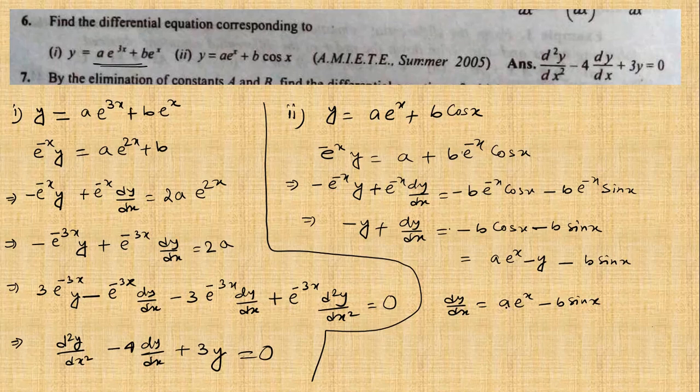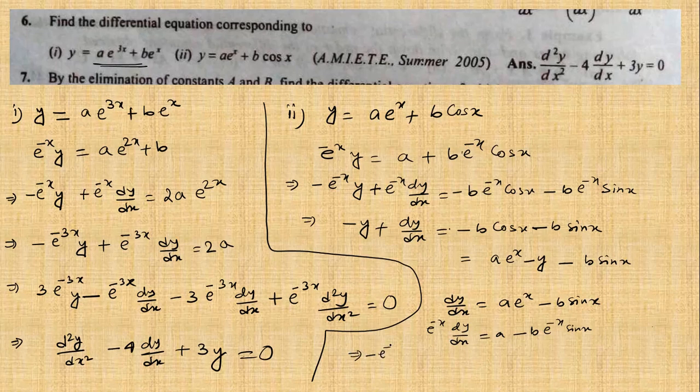So if you multiply by e to the power minus x, you will get e to the power minus x dy dx equals a minus b e to the power minus x sin x.